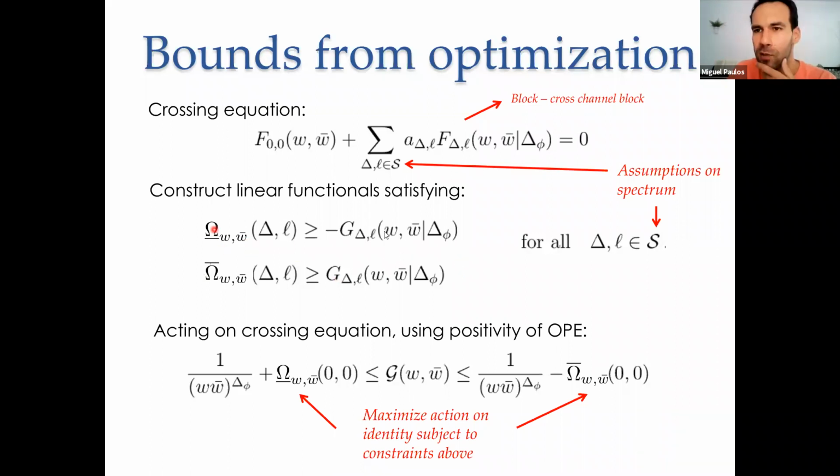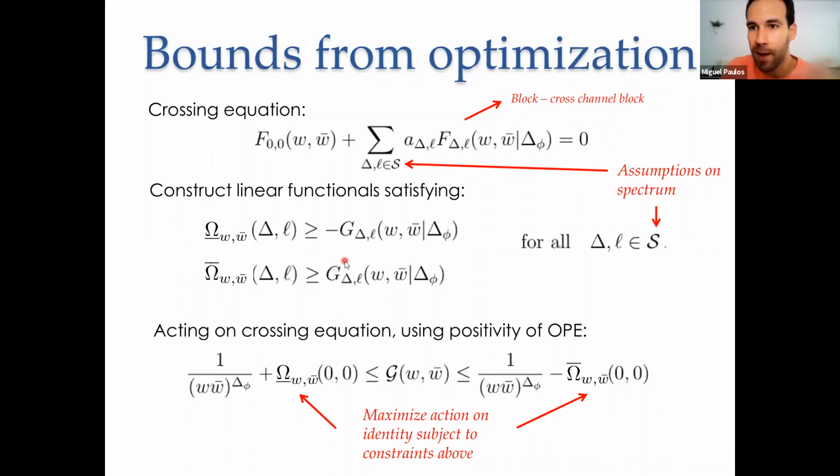We are used to imposing that the functional should be non-negative in some region, but actually when you want to do OPE maximization, sometimes you need to assume that this functional is larger than -1 or something like this at a particular state. This is what you would write in a problem where you're doing some OPE maximization, where the OPE coefficients are weighted by the conformal blocks, which is of course what we want to do.